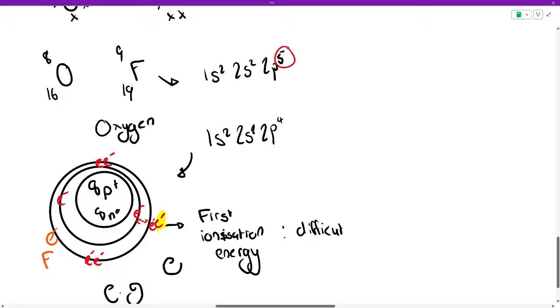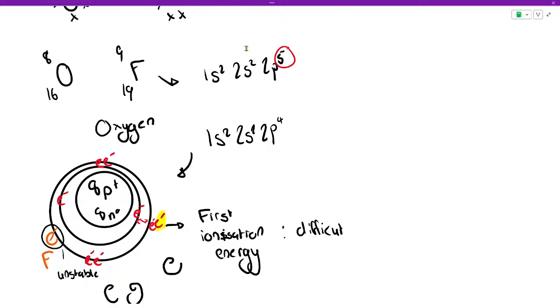So it's easier to remove, because that orbital is already unstable, since there's only one. Generally speaking, a full shell is more difficult to remove from, even if it is slightly further.